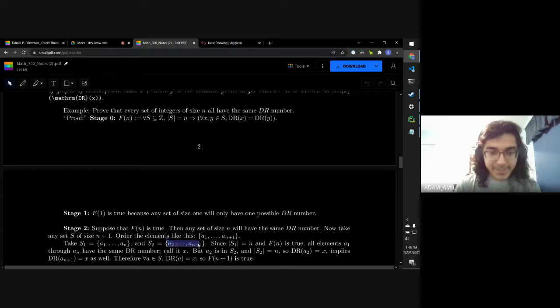And all of these guys must have the same dr number because this set is also of size n. So as a result, it must be the case that a1 and a n plus 1 have the same dr number, and so everything has the same dr number. So f of n plus 1 is true.